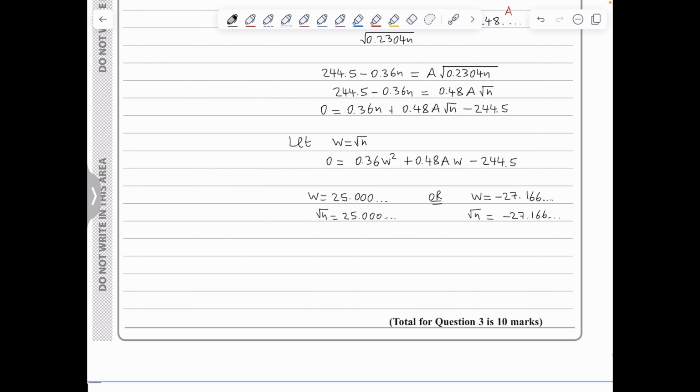Well, root of n can never be negative, so I'll have to reject the right hand side, not valid, and therefore to find n, I will simply square the 25.000, which gives me 625 for n.